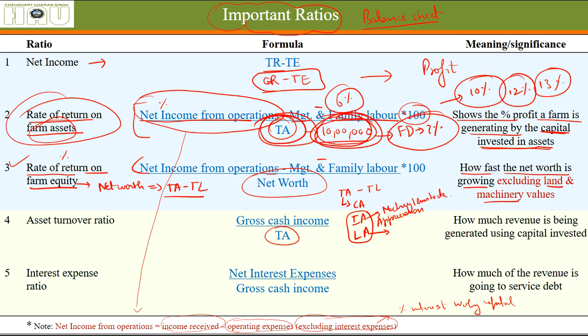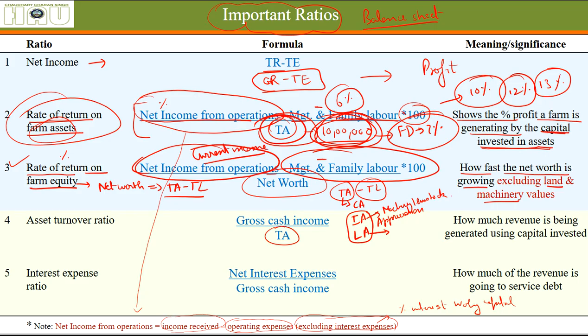What we are trying to see is if our farm operations are giving enough income to us. It shows us how much part of our net worth is coming from the current, regular income that we are generating out of operations, not because of appreciation or other things.